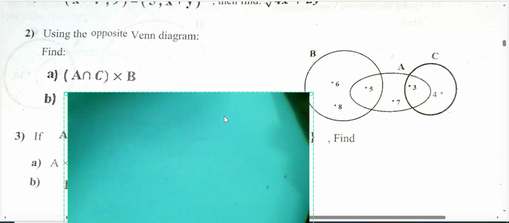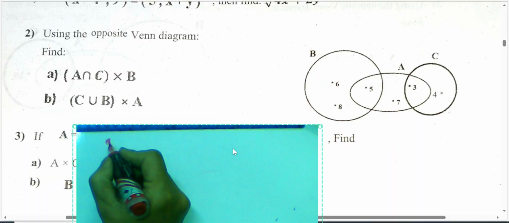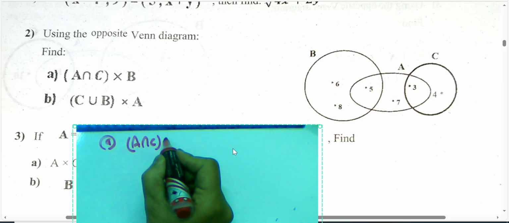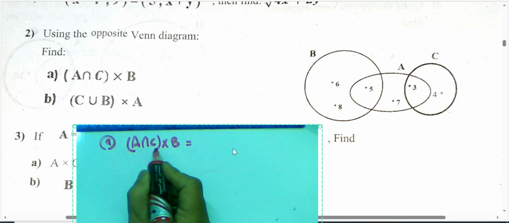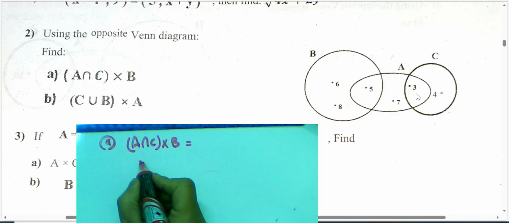Next question number 2. Use the Venn diagram to find letter A, A intersection C Cartesian product with B. A intersection with C, look here, the intersection is 3.